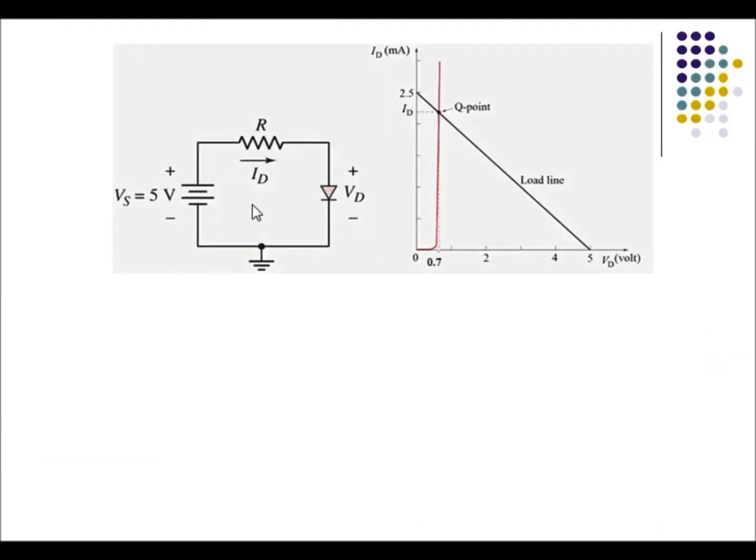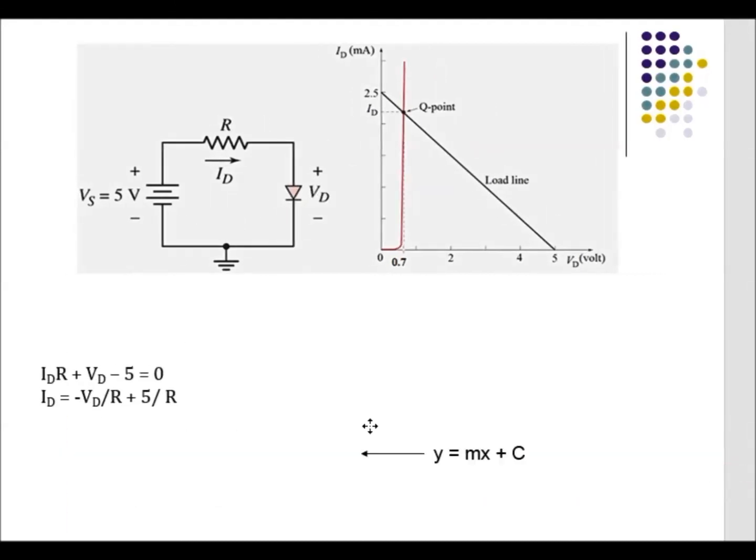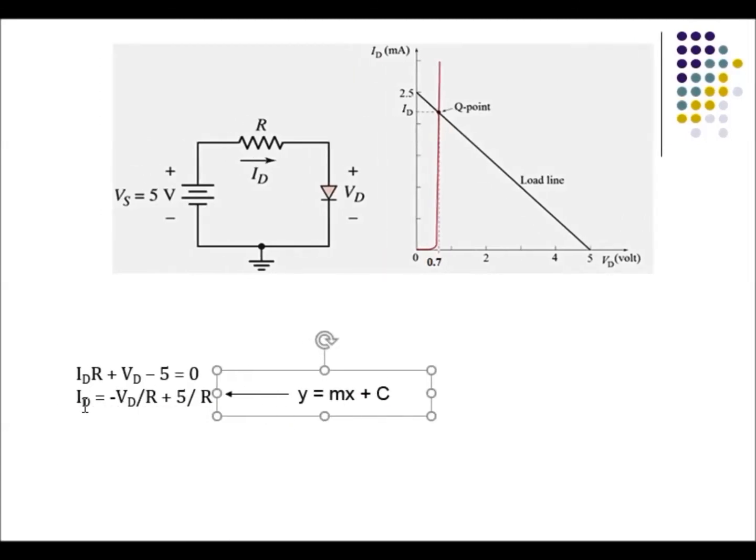Firstly, you need to derive the equation. When you derive the KVL equation, you will get IDR plus VD minus 5. Then please rearrange the equation to become Y equals MX plus C, making sure your Y is ID and the X is VD.